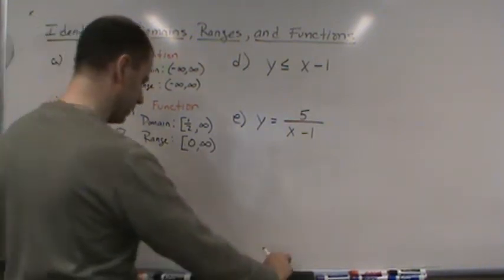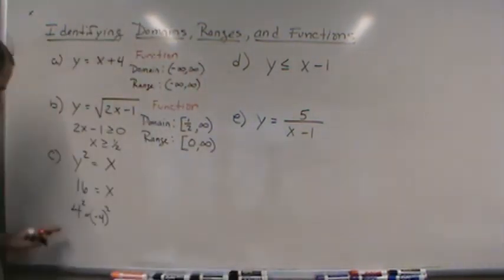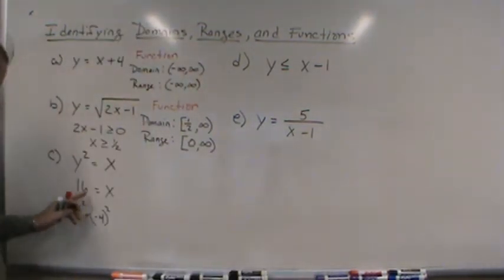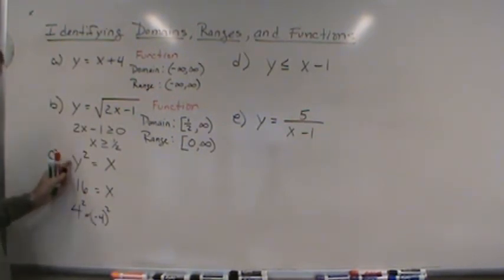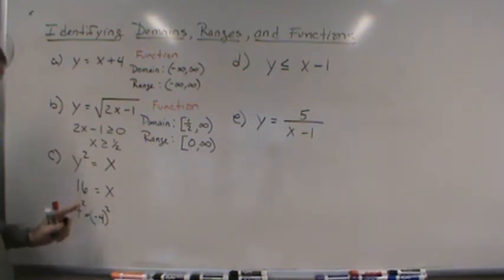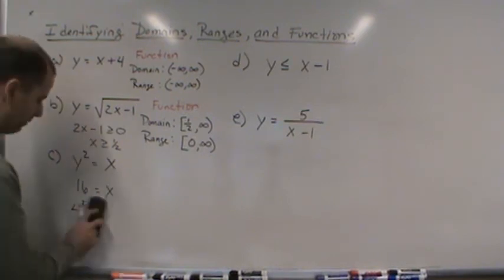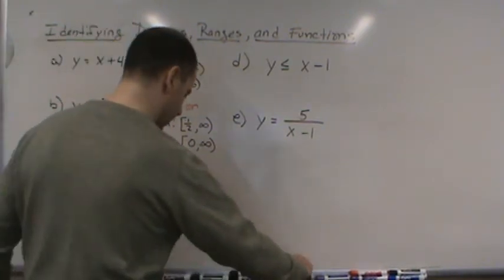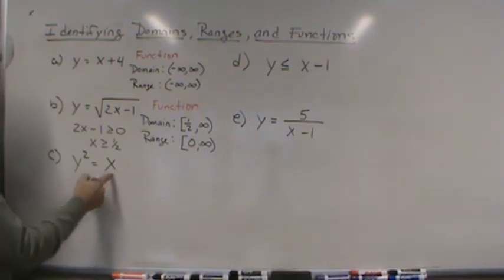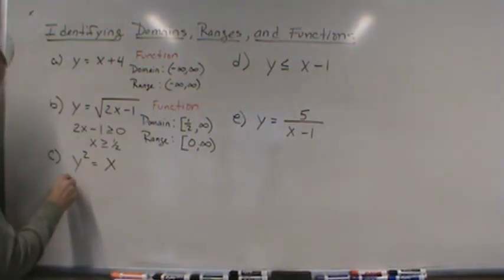So that means that if x is 16, what two values of y squared will give me 16? Well, 4 and -4 will both do it. So that means that there are two values of y.